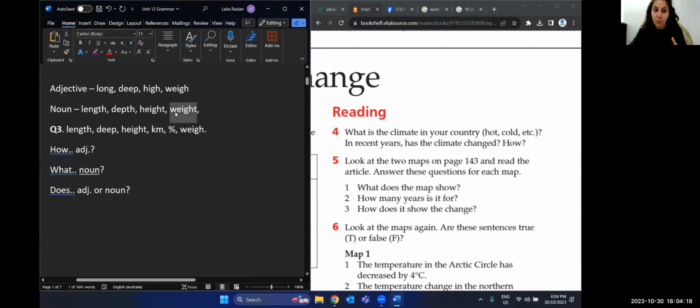So I could say the weight of this book is 50 kilograms. It's just the type of sentences I make. So if I say this book weighs, that's the adjective. This book weighs a lot.